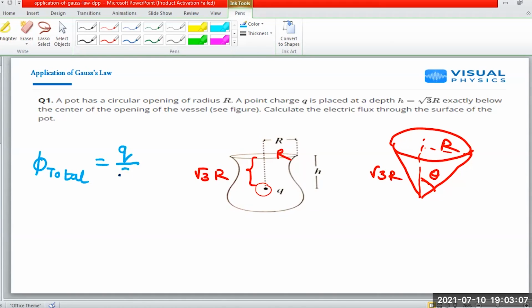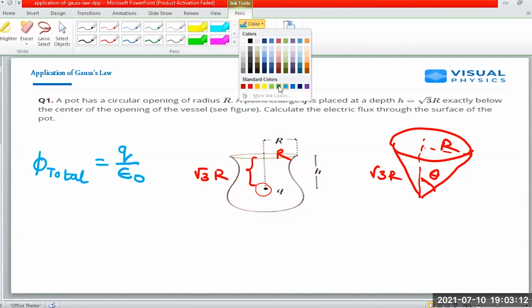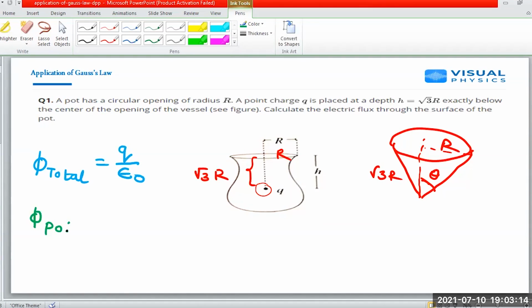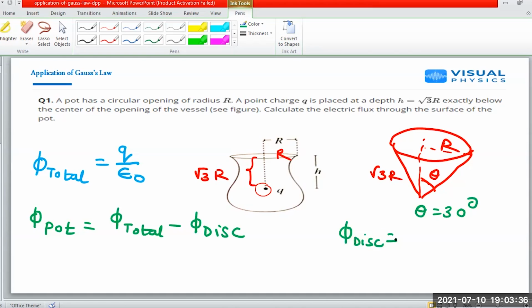Q upon epsilon naught. So phi coming from the pot would be phi total minus phi of disk. If this is root 3r and this is r, I know theta will come out to be 30 degree. And phi of disk, we have already discussed in our visual physics application, solid angle formula and flux.